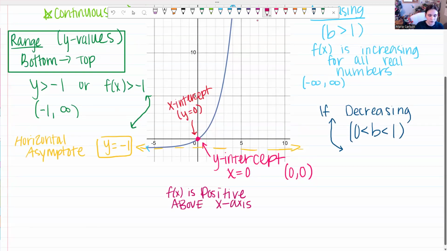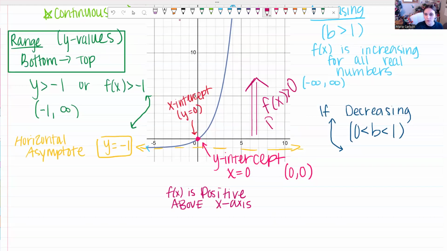Looking at this graph, every value that is above the x-axis is positive. This is all values where f of x is greater than 0, or our function is positive.